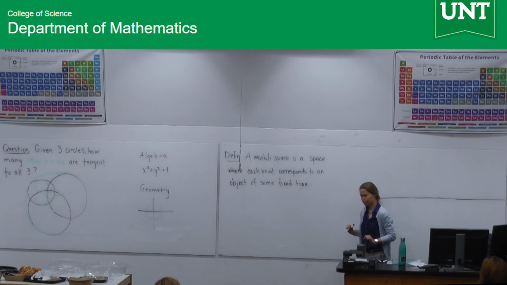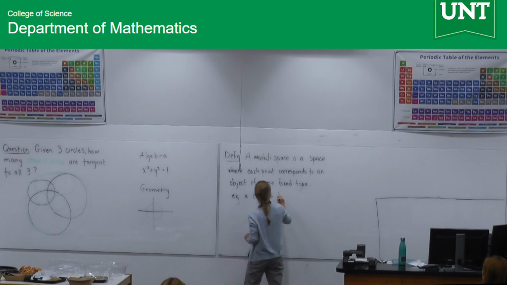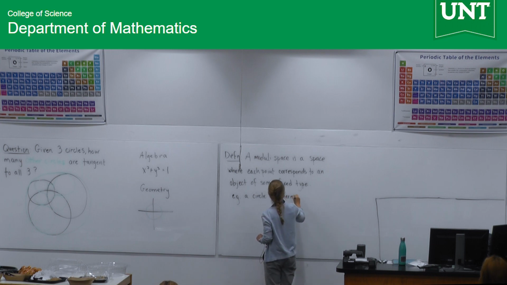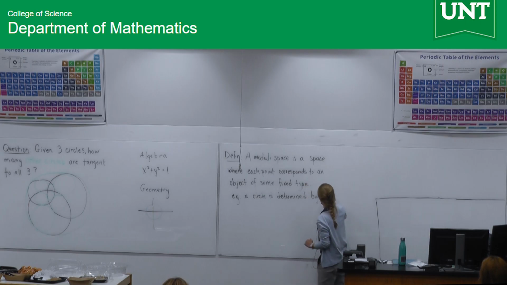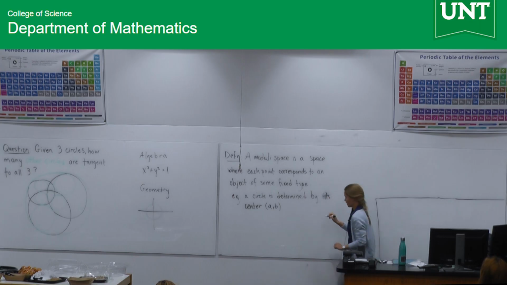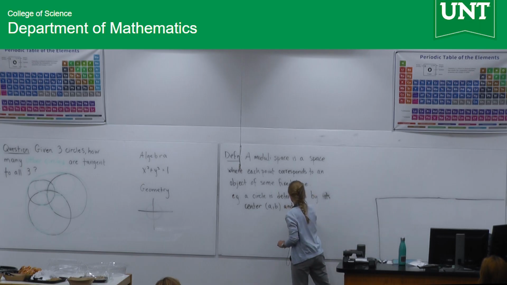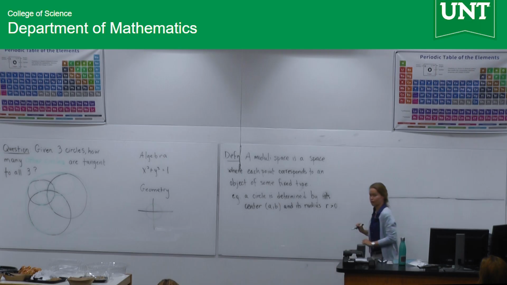So, for example, a circle is determined by its center, let's say it's at (A, B), and its radius, let's call it R, which is some positive number.